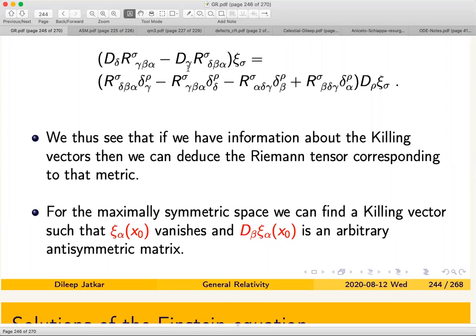Now suppose you are looking at a space which is maximally symmetric. Then of course you would have a situation where you have one Killing vector which would just vanish at a particular location.